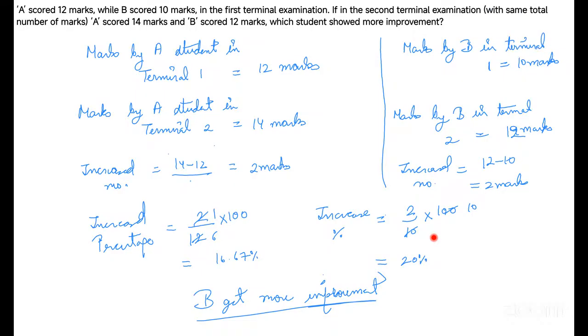No, we have to tell how much increase percentage it is. The increase number, we have to find out. In that question, 16.6% is the increase for A, then 20% for B. What did you do, 14 minus 12, or what did you do?